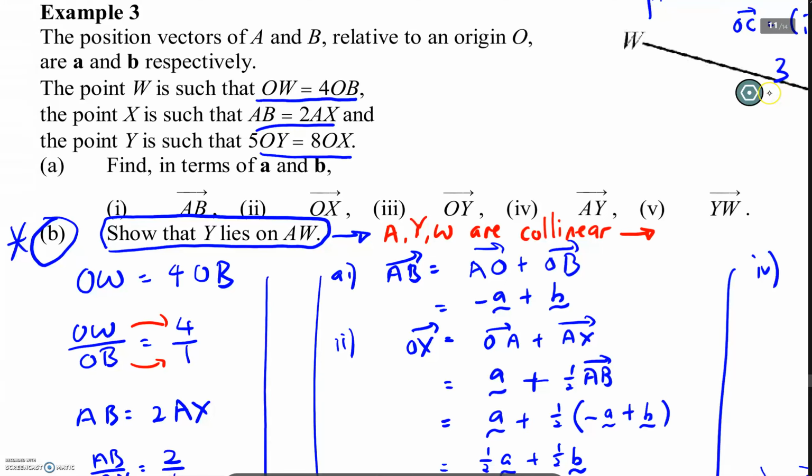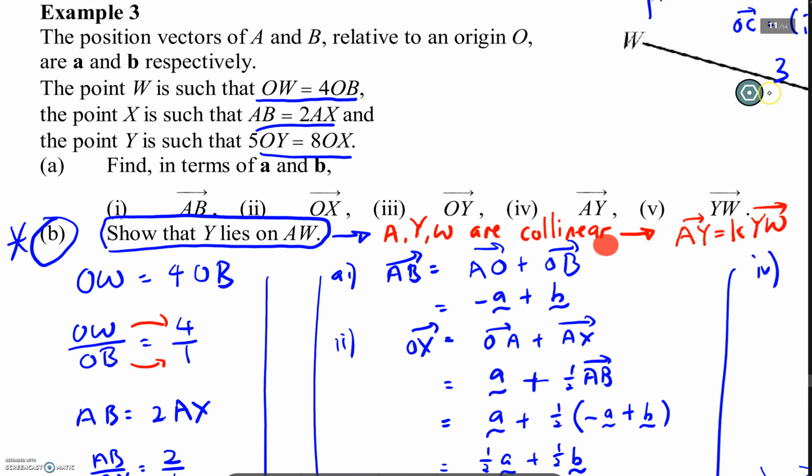Can you give me a strategy? How do I show that these three are collinear? When AY equals to what? Anyone? When AY equals K times of YW, right? Because when you're able to write AY equals K times of YW, that means you can show that they are collinear.